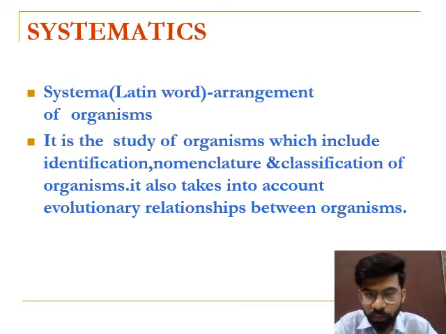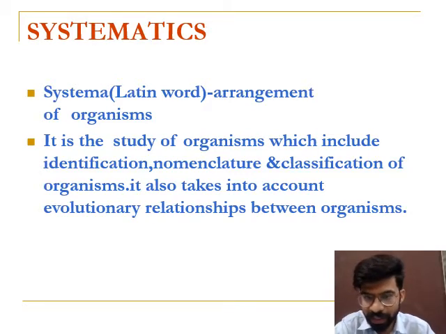It is a study of organisms which includes, means what is systematic? Systematic is the study of organisms which includes identification, nomenclature, classification. Identification means to identify the organism. How is it identified? It is identified on the basis of its morphological character.